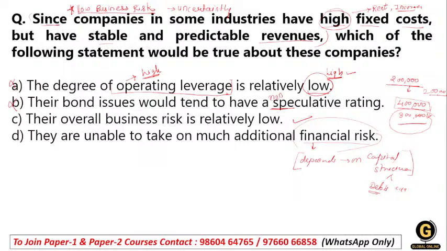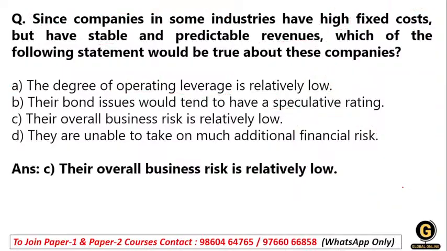Some do not believe in debt, they give importance to equity. So actually this all happens based on capital structure, not on the fixed cost. So that's why option D will be the right answer, sorry, C will be the right answer. Understand, this is a most important question.